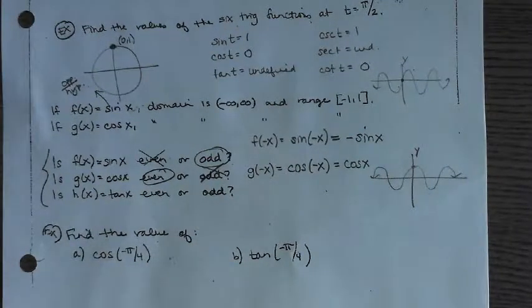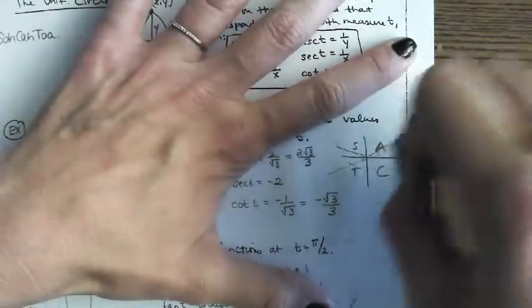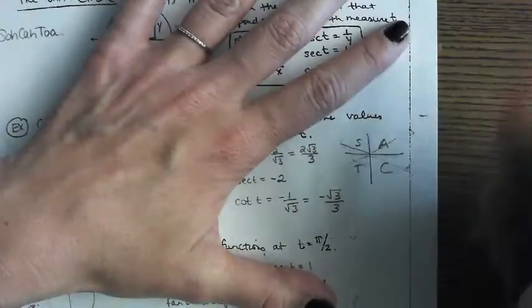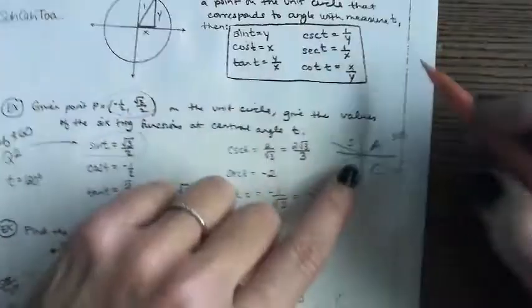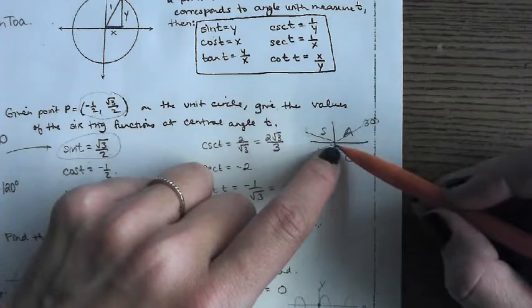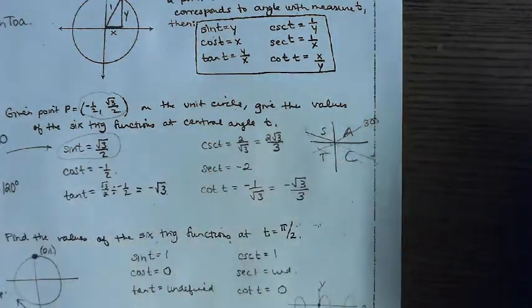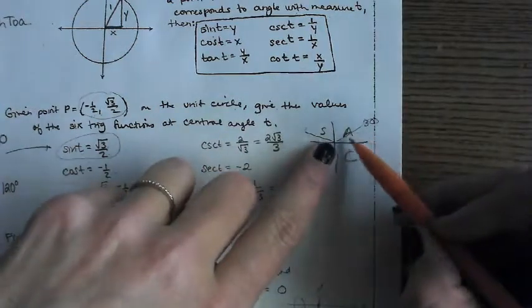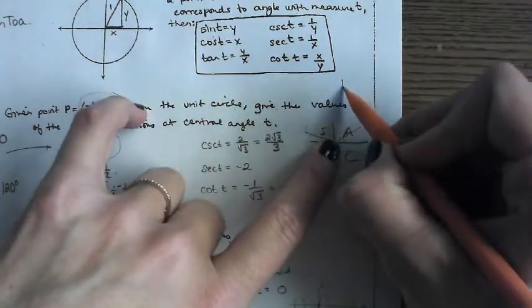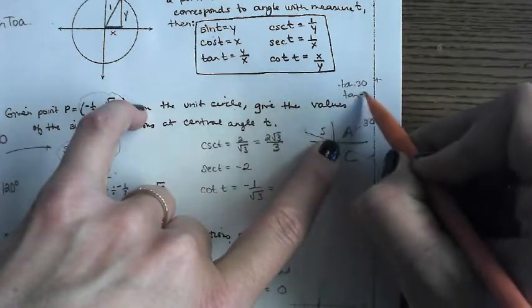And how about tangent? Let's do tangent the algebraic way first, see if we really wrap our head around this. If I do 30, what's the tangent of negative 30 going to be? We're doing tangent. The tangent of 30 is positive. What's the tangent of negative 30?